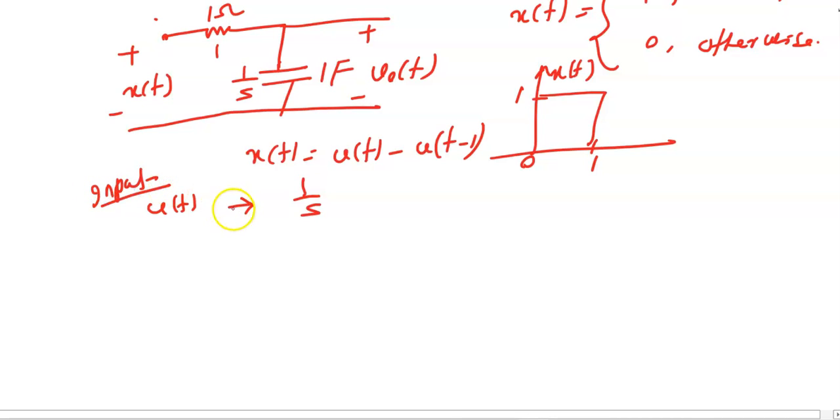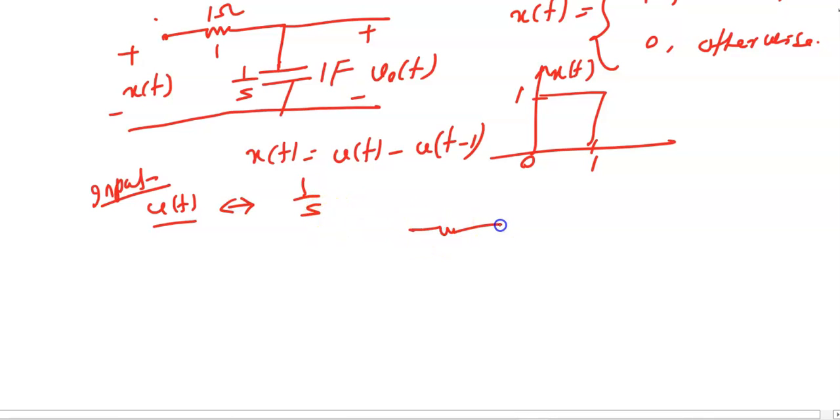Because it is LTI, the response of the system for every input will be added together. I applied this input, so its Laplace transform will be 1 upon s.